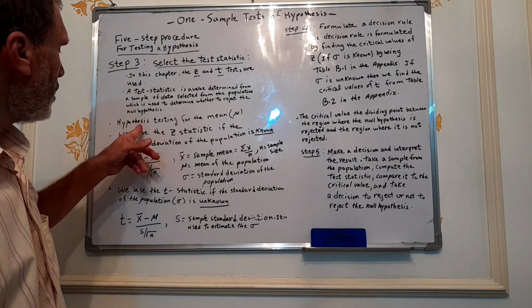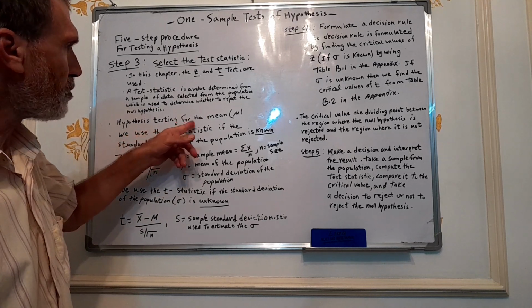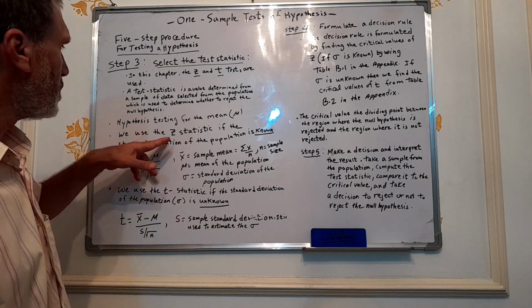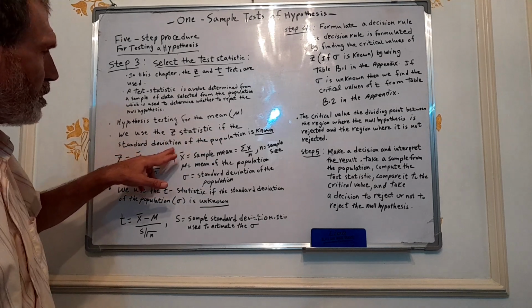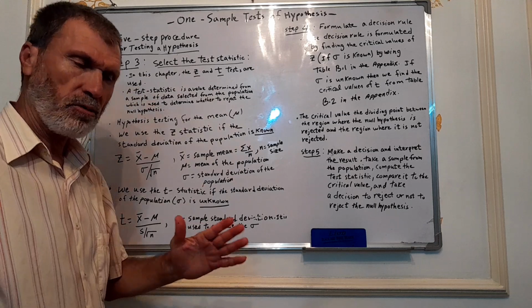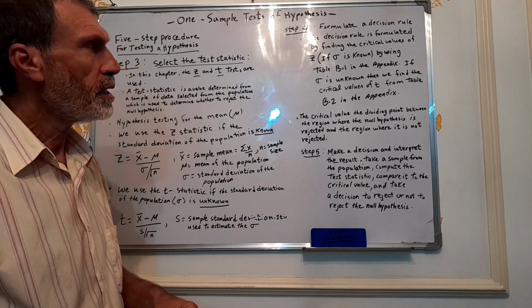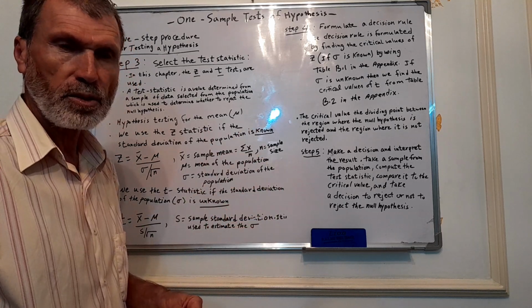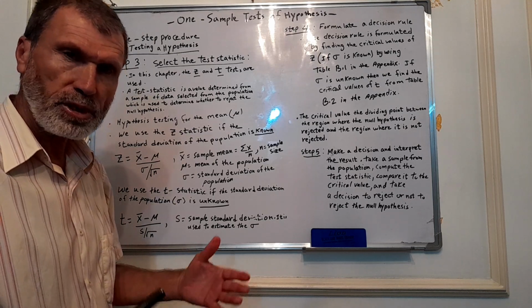Here, we're going to be focusing upon hypothesis testing for the mean of the population. We use the z statistic if the standard deviation of the population is known. In the questions, you will see that shortly when we begin applying these important concepts in this chapter with problem solving.